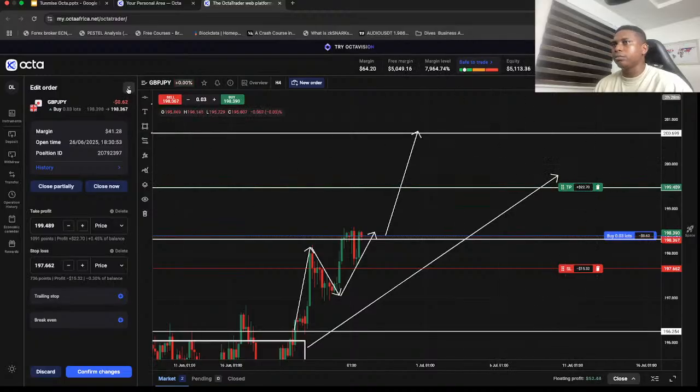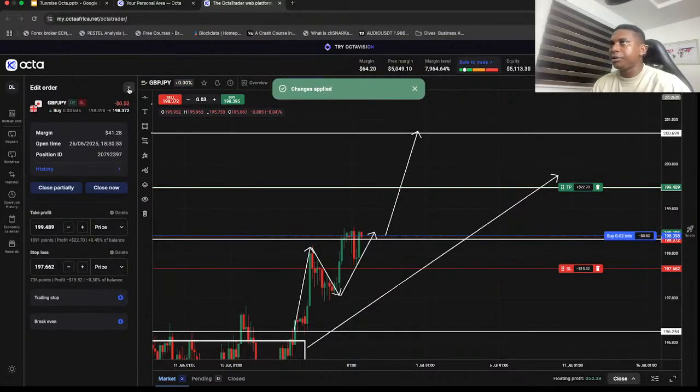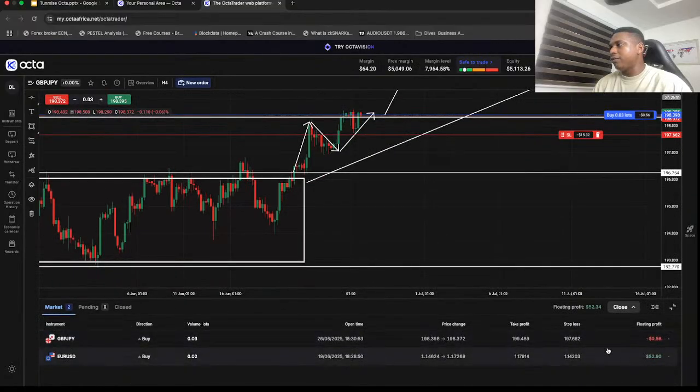Okay, and then I confirm the trade and allow it to run. So currently now we have our trade on GBP/JPY running on buy.